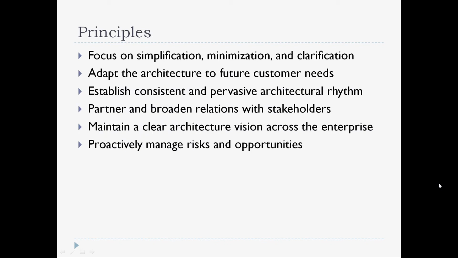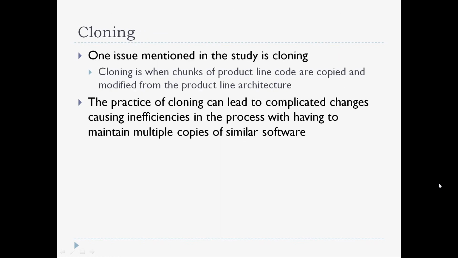In the paper, the authors performed a study on the effectiveness of a software product line architecture. They performed a study on the company Nortel, since they were a successful example of the effectiveness of a software product line architecture.